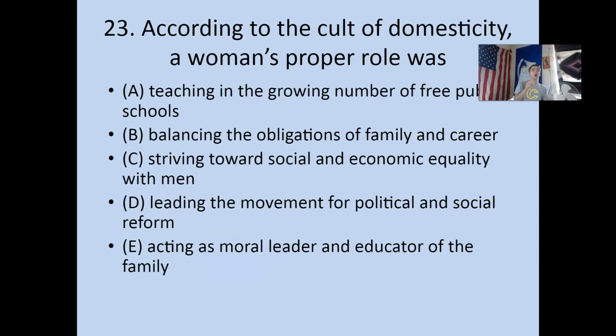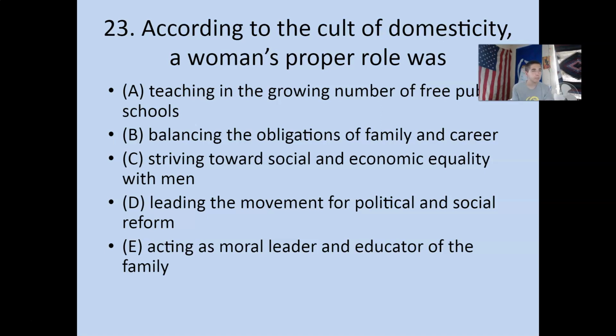According to the Cult of Domesticity, a woman's proper role was A. Teaching in the growing number of free public schools. B. Balancing the obligations of family and career. C. Striving towards social and economic equality with men.